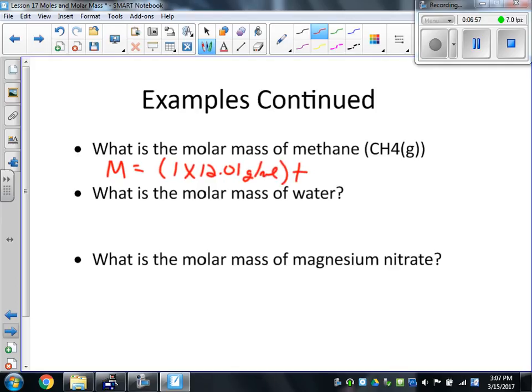I'm not going to do this for all of them, so just relax. You can write this down, though. 1 carbon. Carbon is 12.01. How many hydrogens do I have in CH4? 4. So I'm going to take 4 times hydrogen's molar mass, which is 1.01 grams per mole. I'm going to add those up. I've got 1 carbon and 4 hydrogens. I'm going to add all that up, and I will get what?